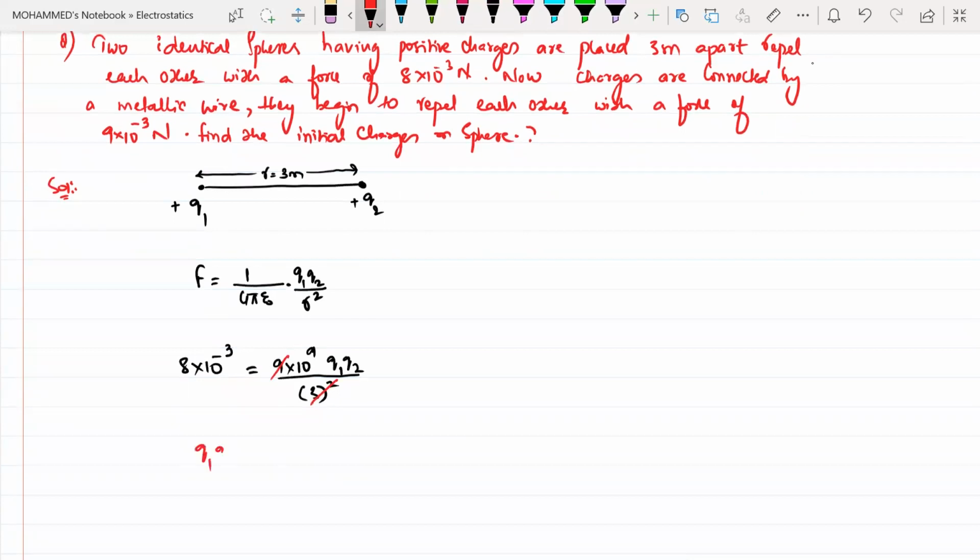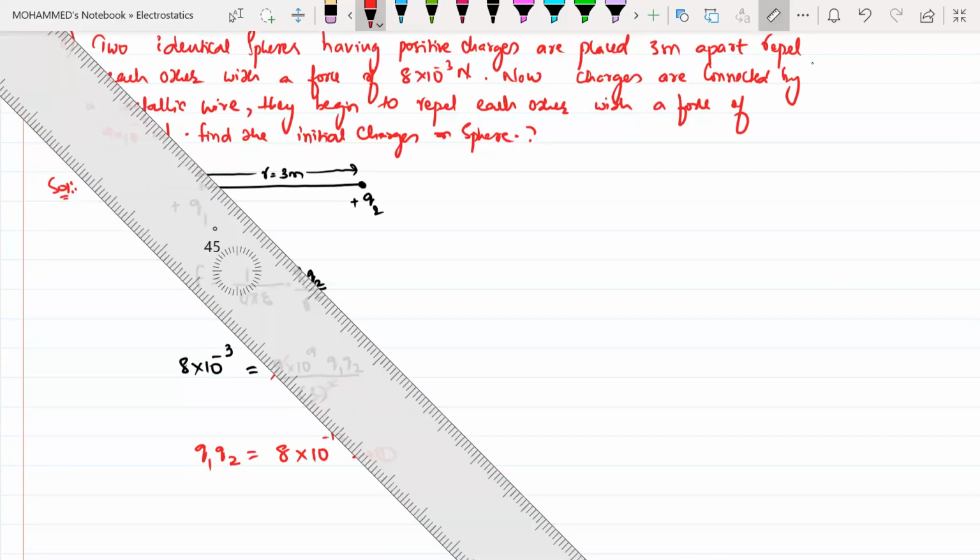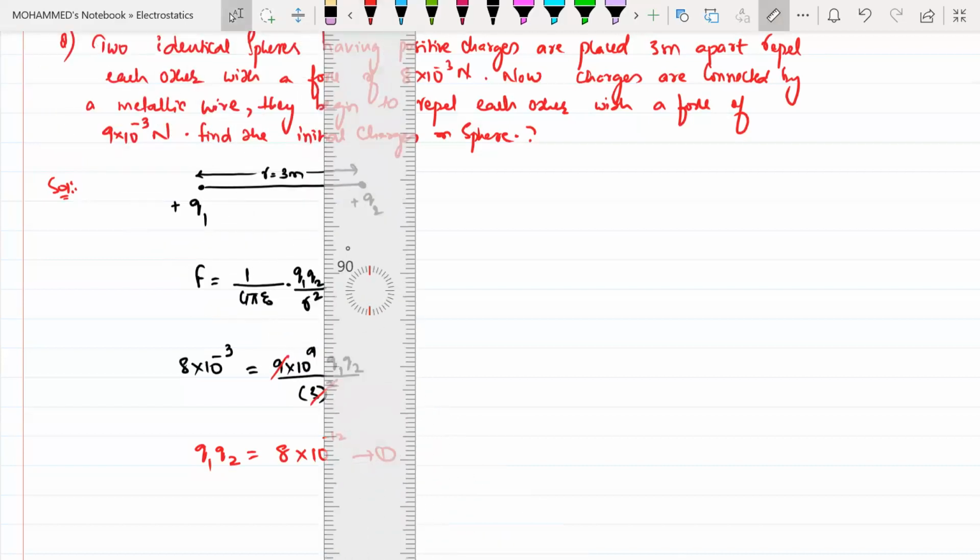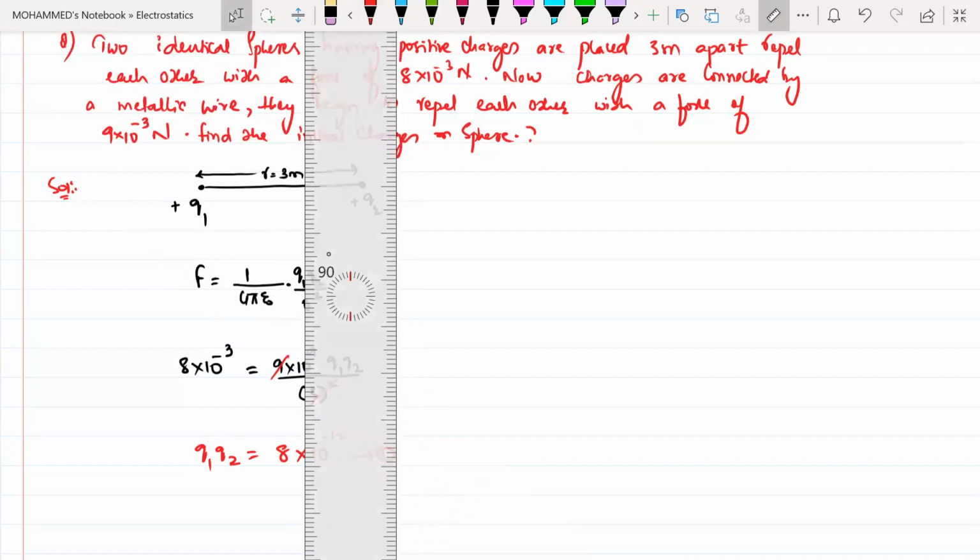So Q1 Q2 will be equal to 8 into 10 to the power of minus 3, and the 10 to the power of 9 goes over and becomes minus 9, that is minus 12. Is it clear? Yes, sir. So Q1 Q2 initially is equal to 8 into 10 to the power of minus 12. Clear? Yes, sir. Now see.